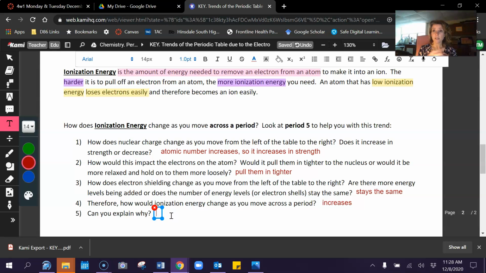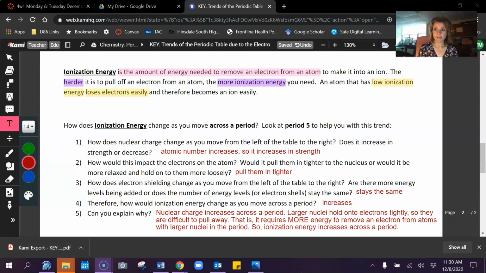As the nucleus of the atoms increases as you move across a period, they become stronger and they pull electrons in tighter. And if the electrons are held more tightly by the nucleus, they're going to be more difficult to remove. Therefore, atoms that have bigger nuclei have higher ionization energies because it's more difficult to remove electrons from them.